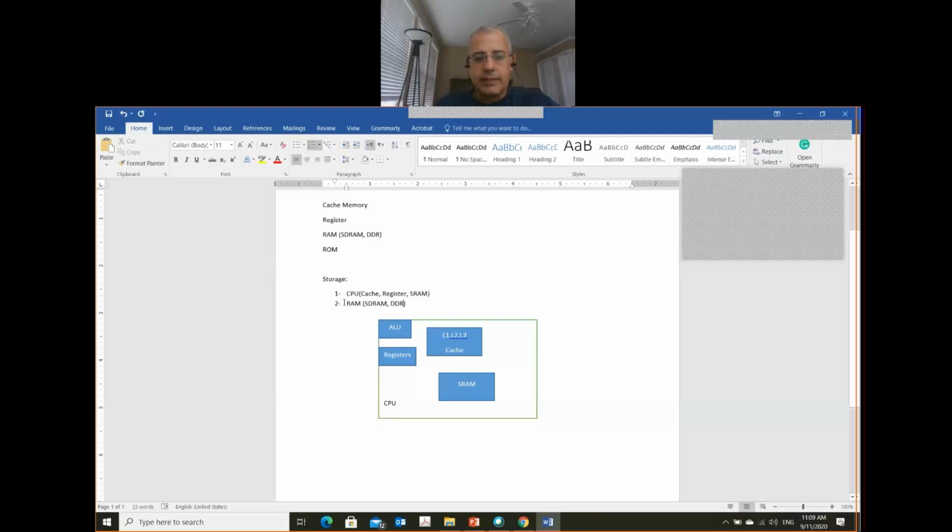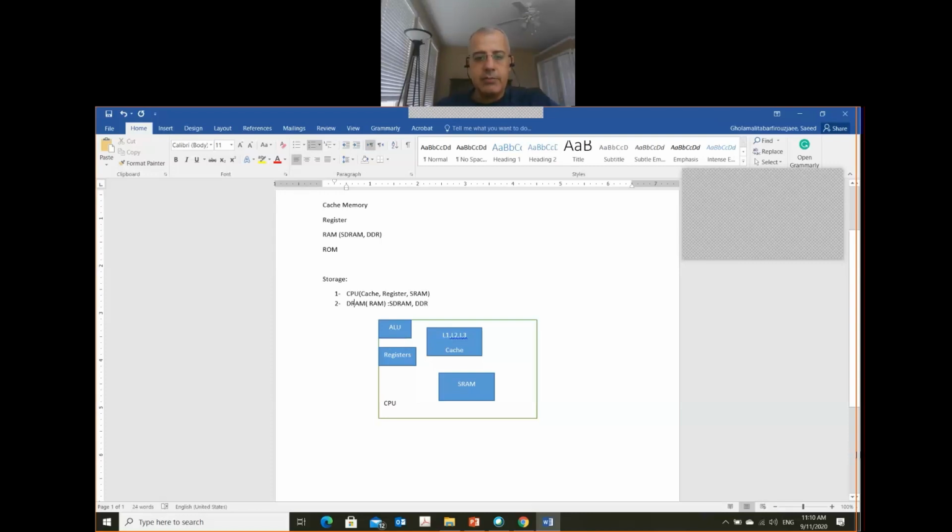But DRAM, dynamic RAM, loses its data and power very quickly.